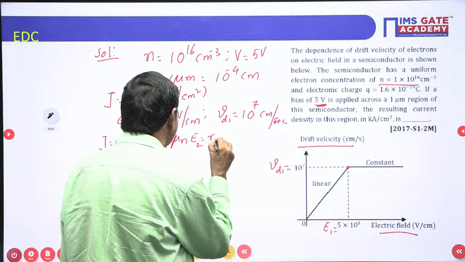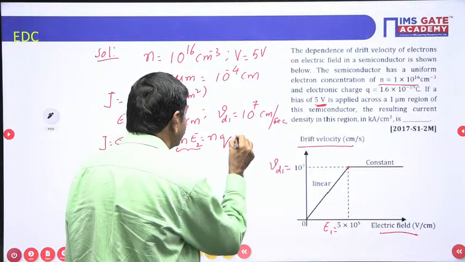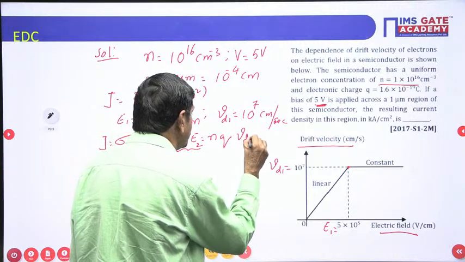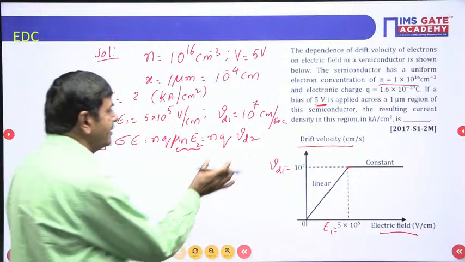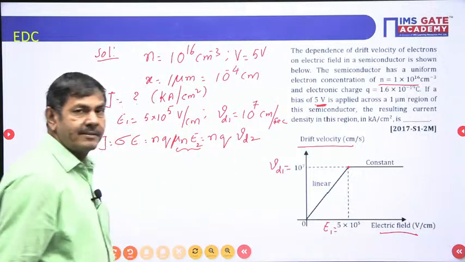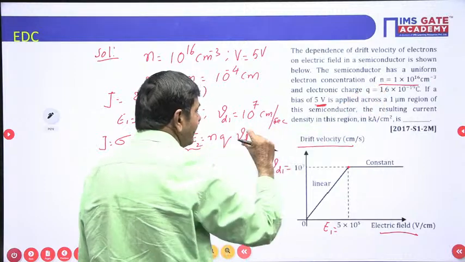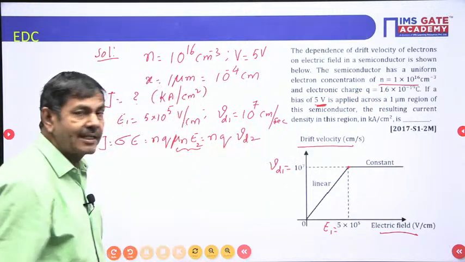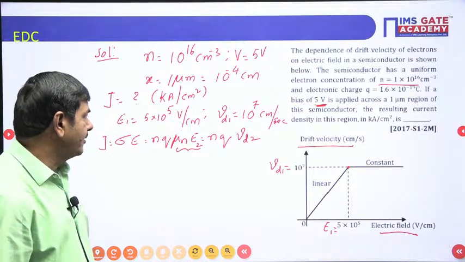I can write again, N Q into mu n into E2 is nothing but drift velocity 2. If I know the VD2 value, I can calculate the J value. Concentration of electrons is given, charge we know, if you get VD2, you can directly get the J value. But how to get that VD2 is very important now.